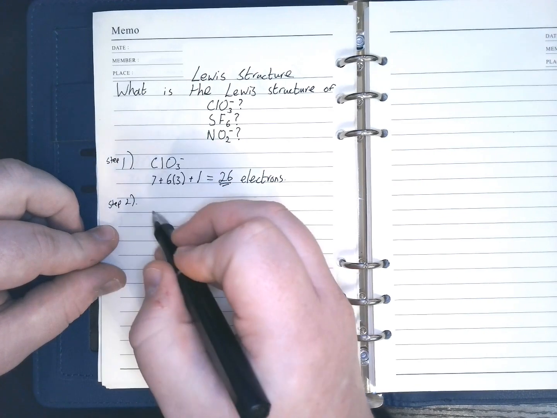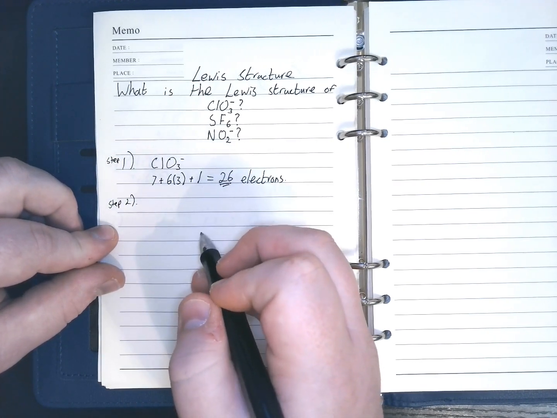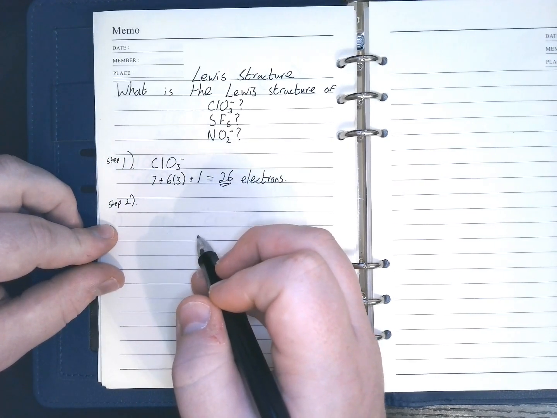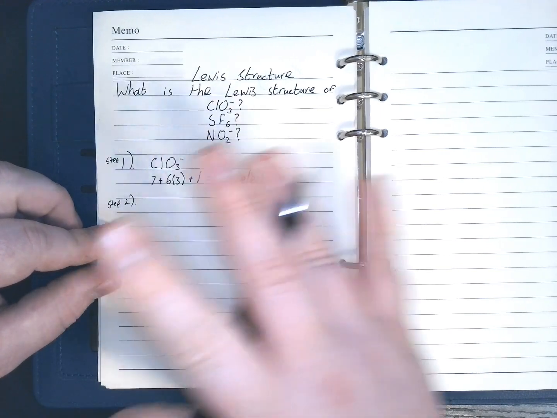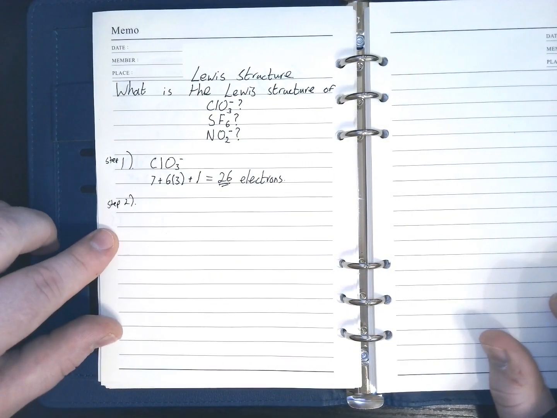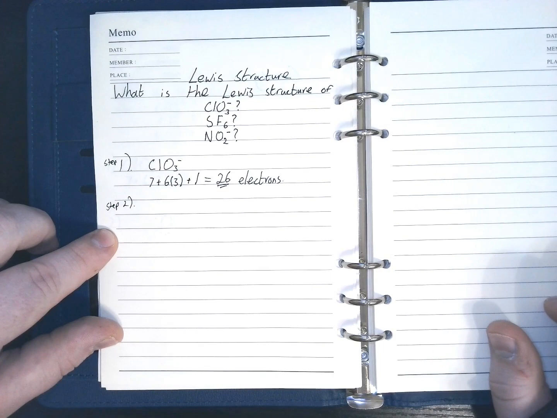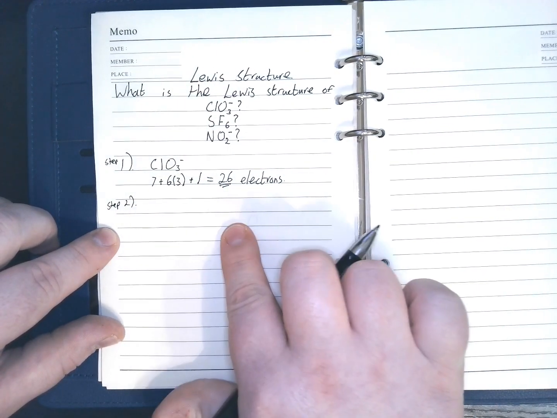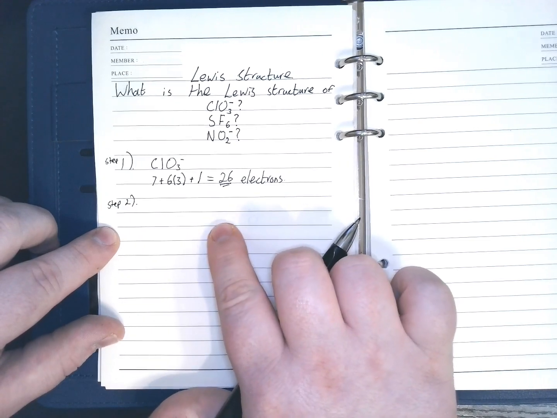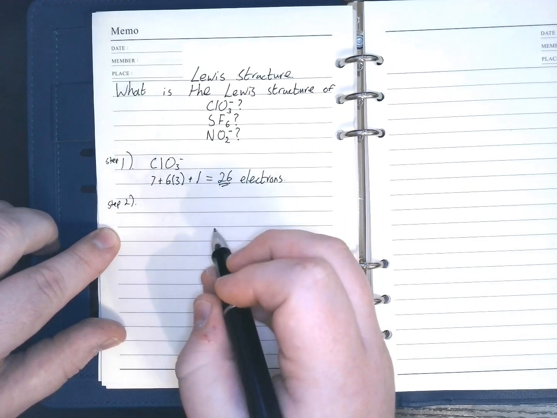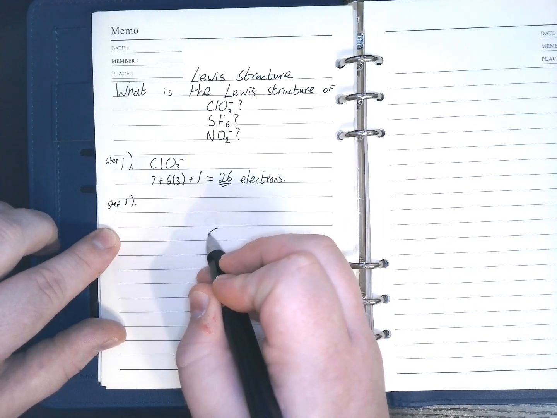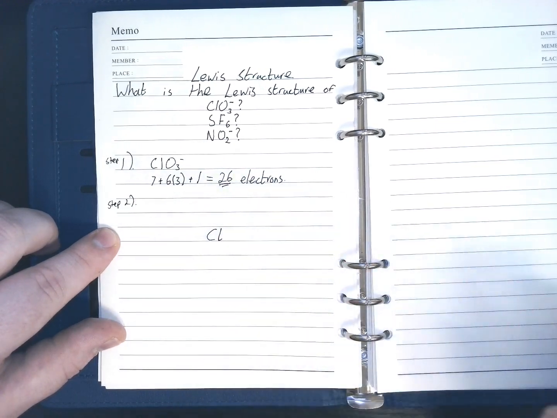Step 2 is going to be drawing our ClO3 minus Lewis structure in basic format. So let's start off with the central atom. The central atom is the atom which is in the middle. The atom in the middle is going to be chlorine.